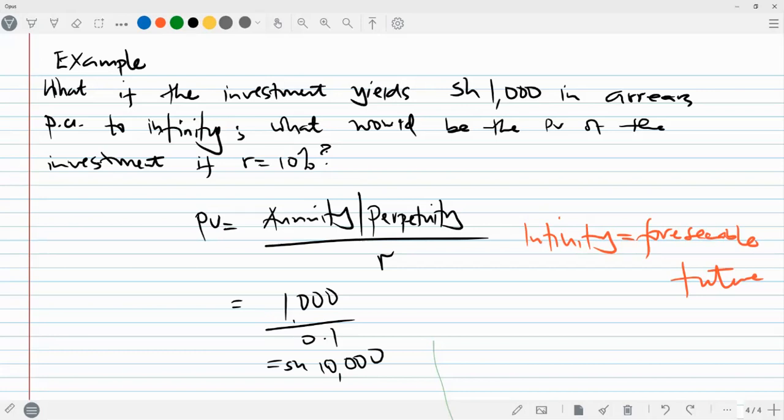So something else, time value of money. I think there's another example we can do on what we refer to as a delayed annuity.